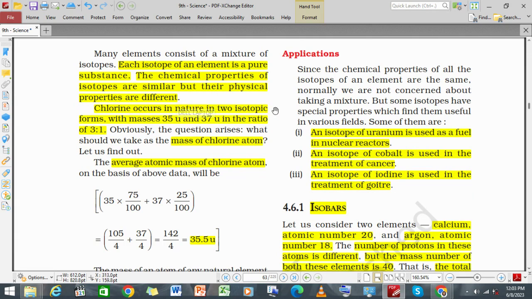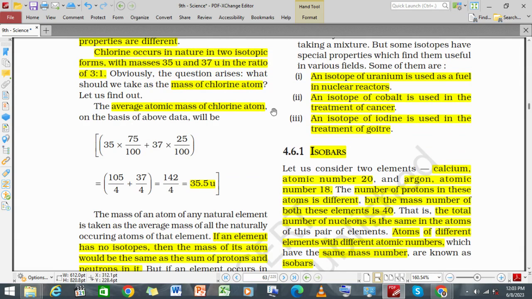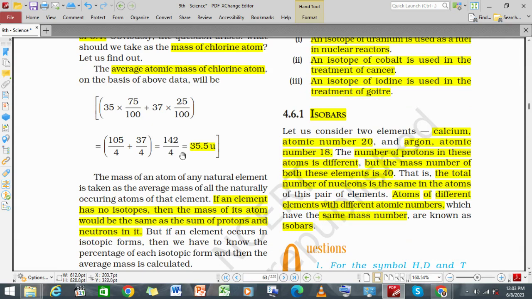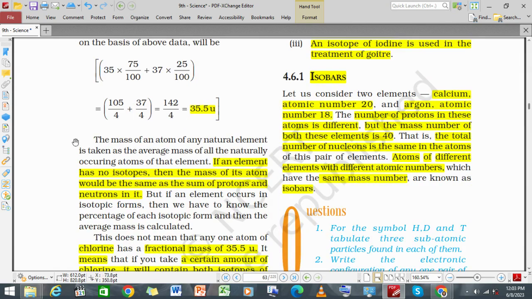Now, chlorine occurs in two isotopes as we have discussed, and if you want to find out the average atomic mass of chlorine, we get 35.5. All right.